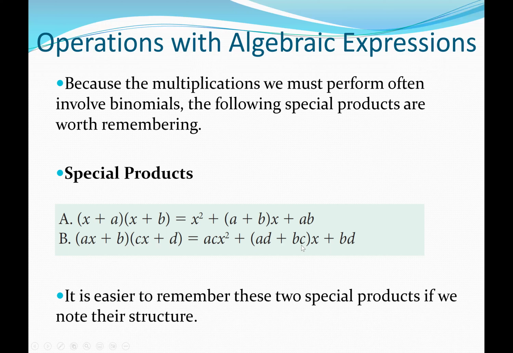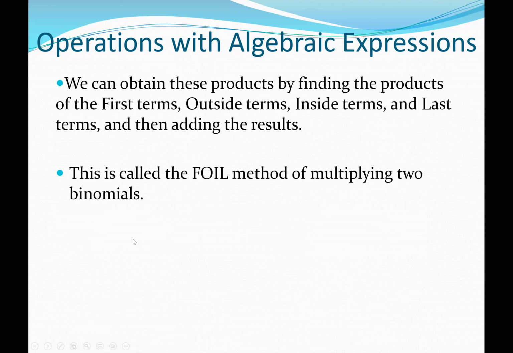So that's what we have here: acx squared plus adx plus bcx plus bd. Now, it's easier to remember these two special products if we note their structure. We can also obtain this product by finding the products of the first terms, then the outside terms, inside terms, and the last terms.